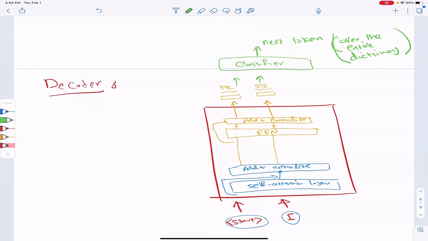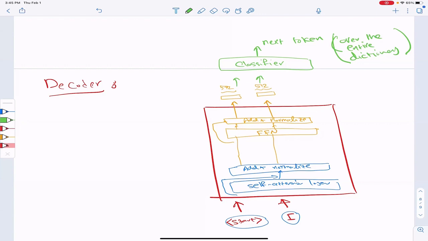Then for the next step, you add the word that you generated to your input. Then you have 3 inputs: start, I, and hopefully you generated love as your next token, because that's the correct translation. And then you decode the next token. Hopefully that is UMD.